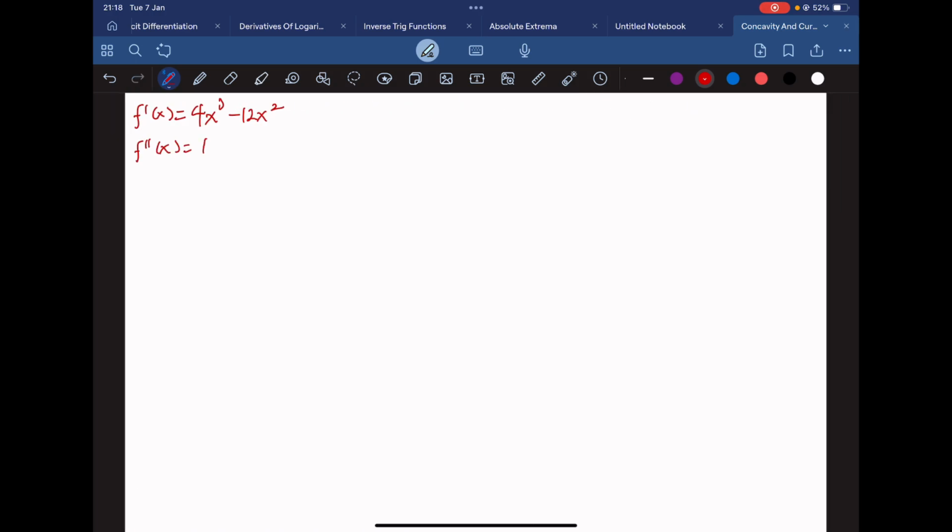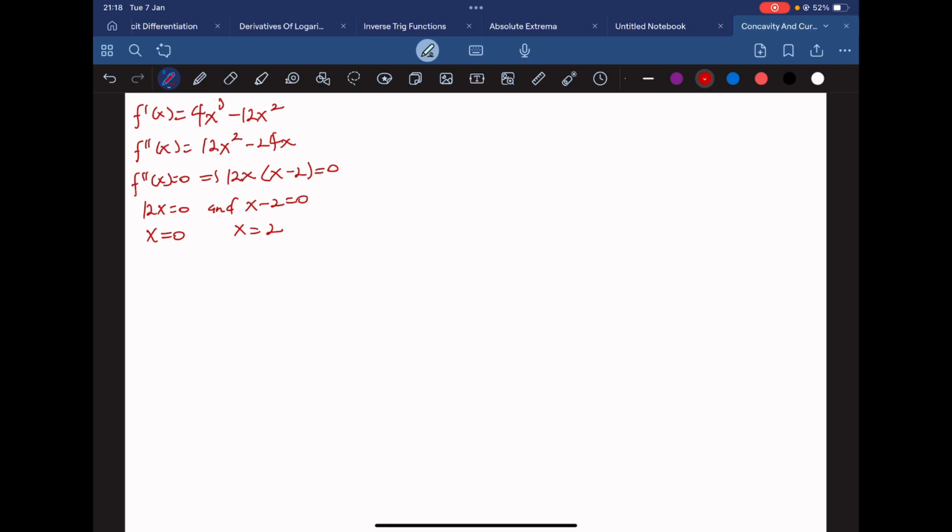So if we differentiate this once more, we have 12x squared minus 24x. Then we set this to 0. So we can factorize this out. So we have x minus 2 equal to 0. So this means 12x is equal to 0 and x minus 2 equal to 0. So we have x equal to 0 here and x equal to 2.